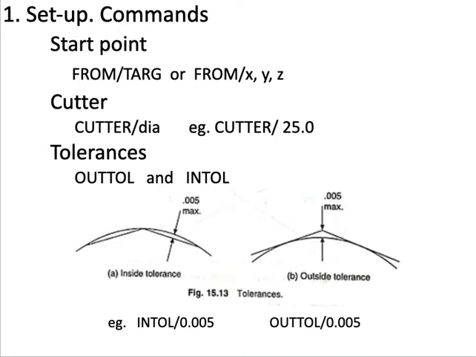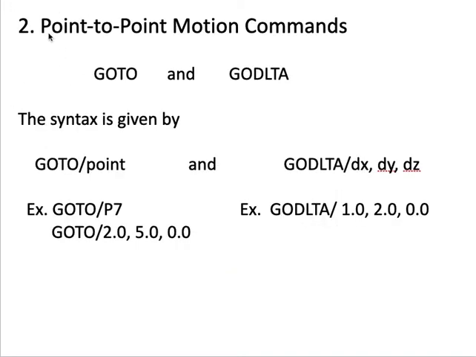Now after the setup commands, we need point-to-point motion commands. There are only two basic commands: one is GOTO, and the second one is GODLTA. The GOTO command is used to move the tool from the current position to the point specified in the statement.